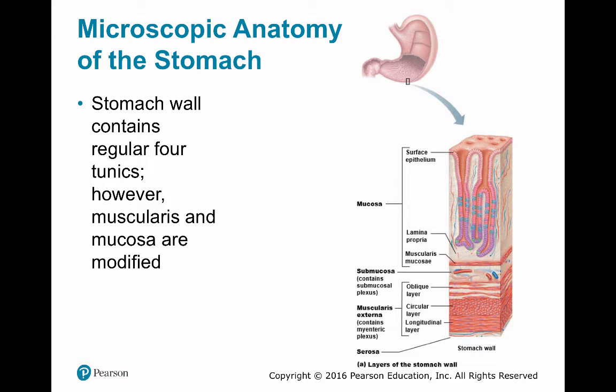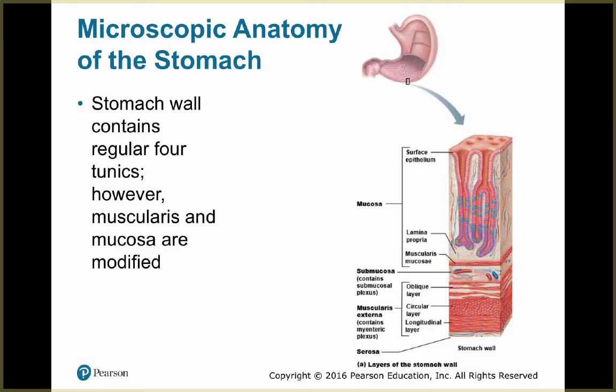Then you have the submucosa, which contains the submucosal plexus, and the muscular externa, which contains the myenteric plexus, and then the serosa. I'm not going to go into a bunch of detail because I've already talked about how this works. The only thing I'm going to go into detail on are just a few of these so that we can tell what's going on.